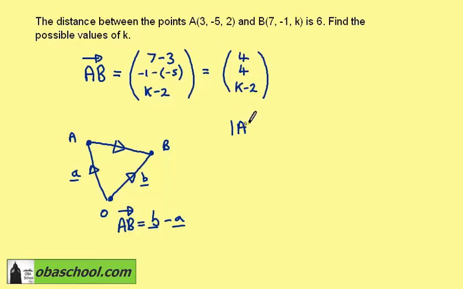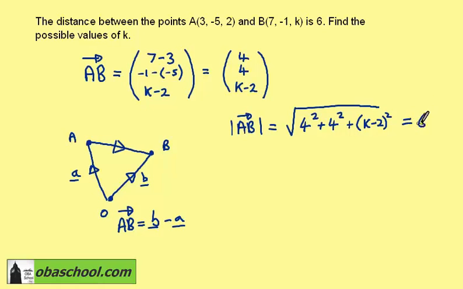So we know for the modulus of AB, we calculate the square root of 4 squared plus 4 squared plus (k - 2) squared.